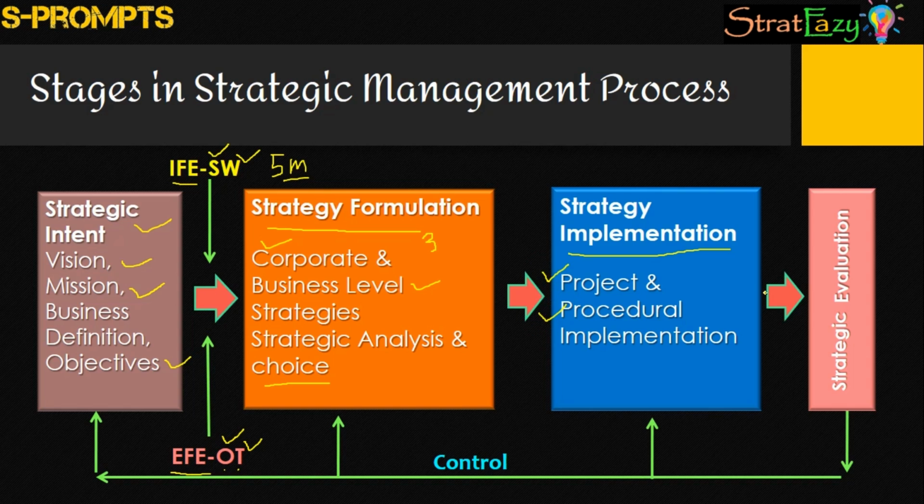The strategies which are being implemented will be evaluated to see whether the strategies are resulting in achievement of short-term goals and objectives or not, so that the organization's vision can be achieved.